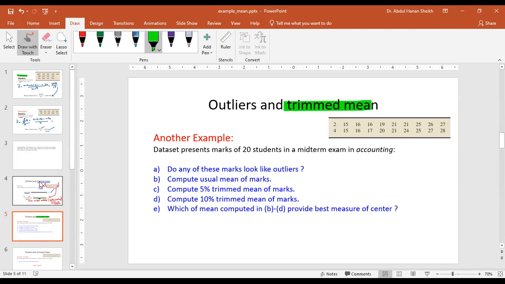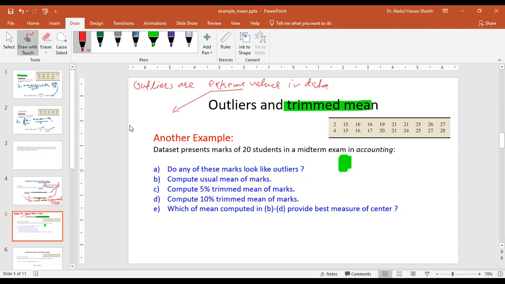Okay. So outliers are, let me write it. Outliers are extreme values in data. And now what do you think about extreme values?